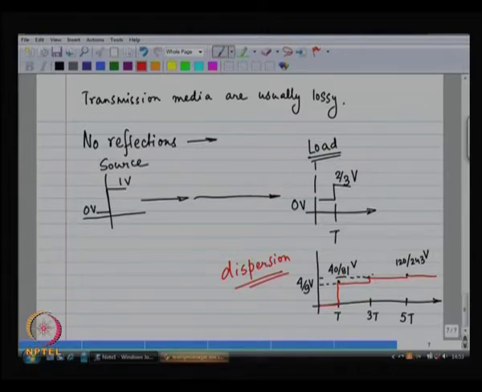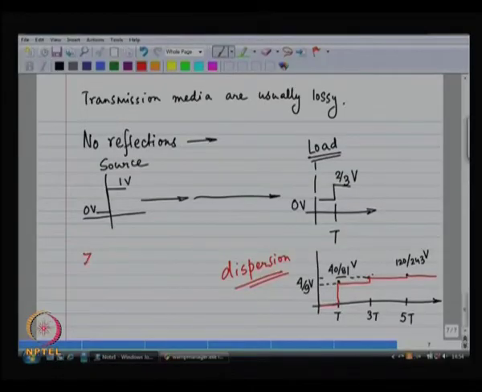This is called dispersion, and this was because the load resistance was not matched to the characteristic impedance of the transmission medium. So, this is not something that is nice. We want the load to be matched to the characteristic impedance of the medium. That is when we get to conserve the shape of the waveform that was transmitted.